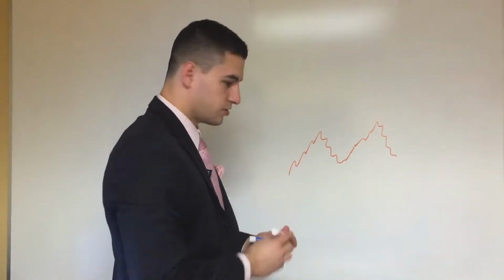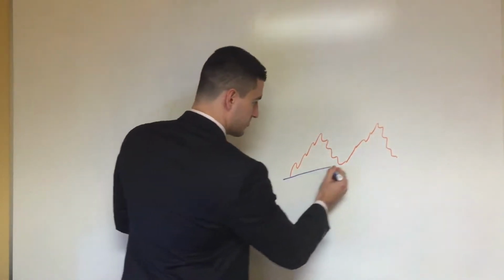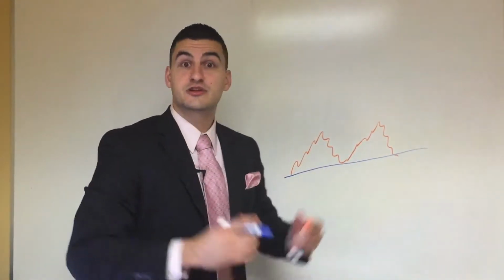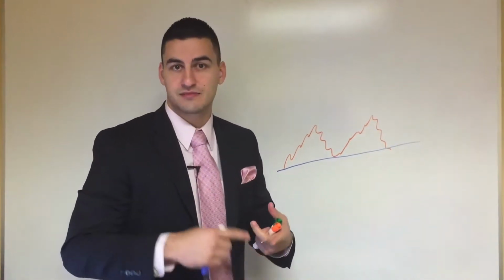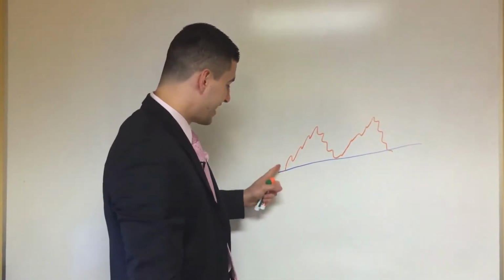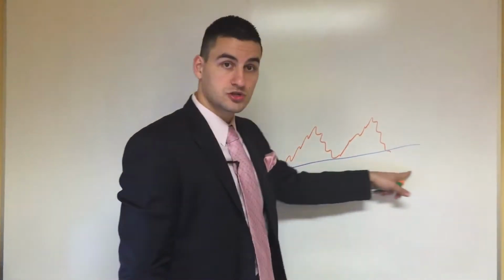Okay, so your long-term trend line will literally be going back like a year to 2 years, depending on your time frame, maybe the monthly time frame, daily time frame, even a 4-hour time frame, and finding the big swing. And this is going to be considered your long-term trend line.